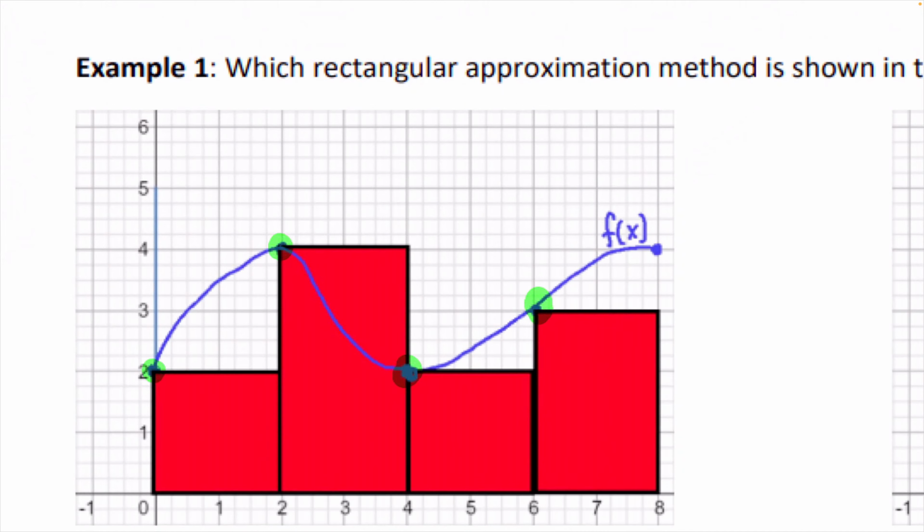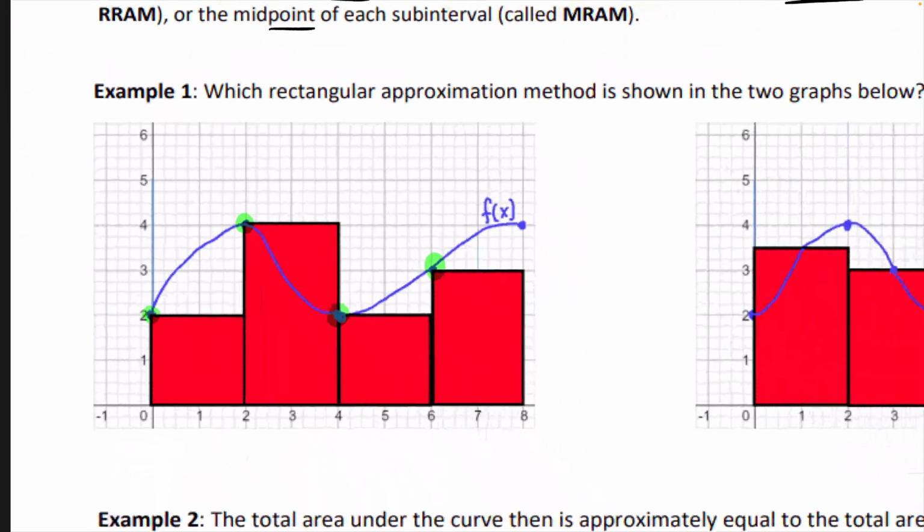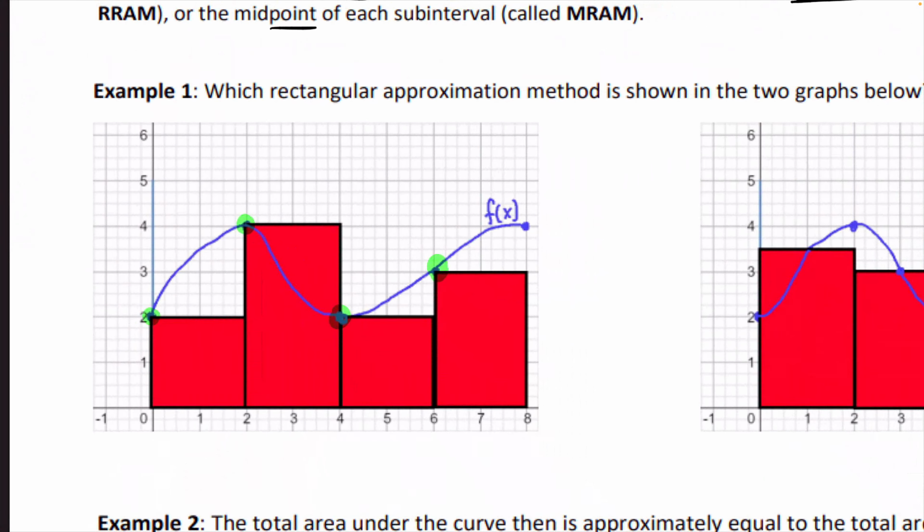What side is that of the rectangle? Is that the left side, the right side, or the middle? The left side, right? Left, left, left, left. So this is an example of LRAM, left rectangular approximation method.